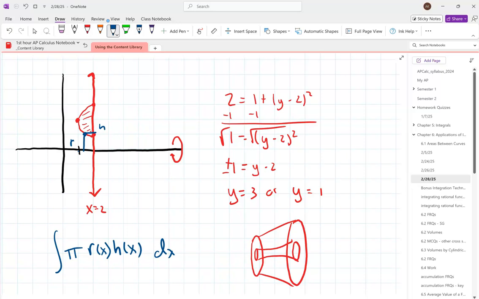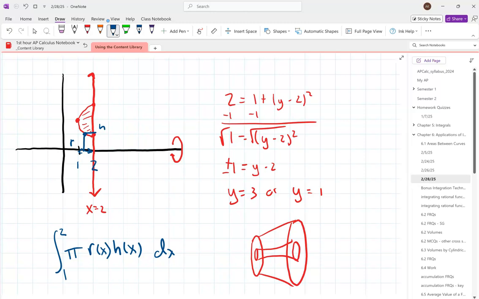And what are the bounds of integration going to be? 1 to 2 is correct, because we're just moving along this guy.